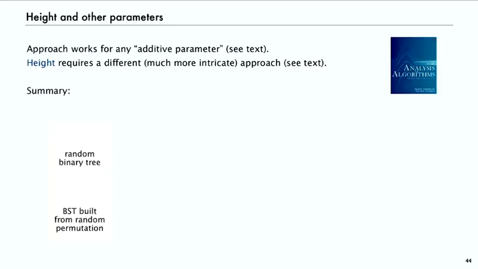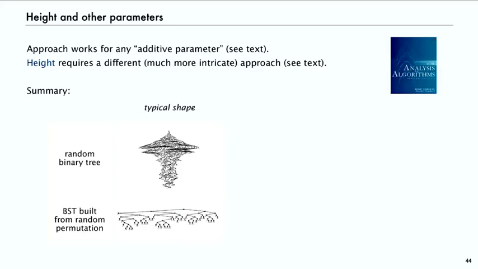So just to summarize what we know about the shapes of these two different tree structures, we looked at random binary trees and binary search trees built from random permutation. Those are typical shapes of those trees. The average path length, that's the average distance to a node in a random tree. For binary trees, it's square root of pi n.